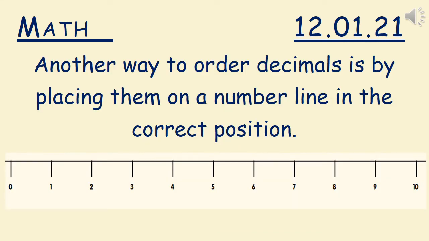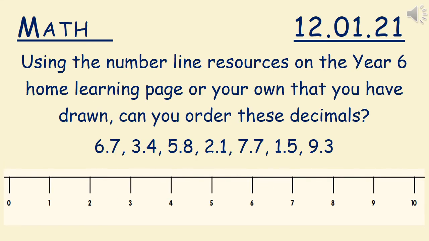Now, another way to order decimals is by placing them on a number line in the correct position. Using the number line resources on the Year 6 home learning page, or your own that you would have drawn, can you order these decimals? They are 6.7, 3.4, 5.8, 2.1, 7.7, 1.5 and 9.3.